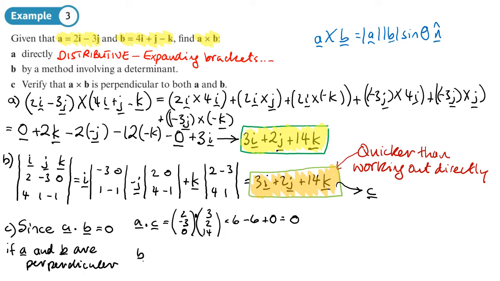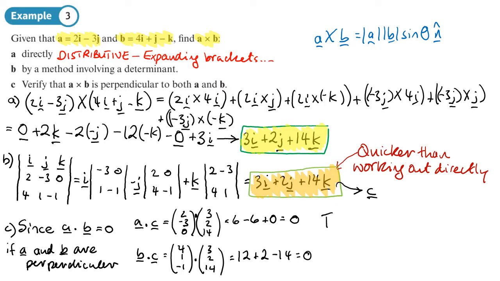Let's now do B and C. So that's going to be 4, 1, negative 1 dot this 3, 2, 14. So that's going to be 12 plus 2 minus 14, which is 0.